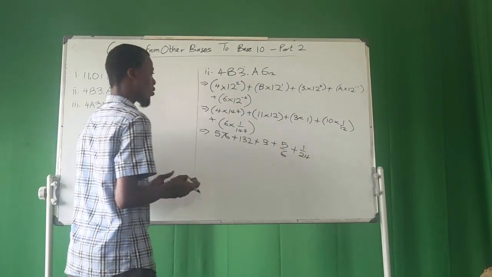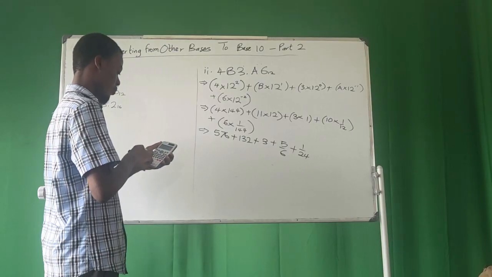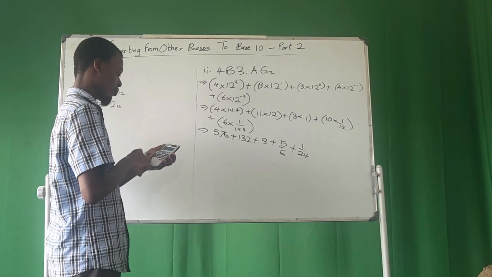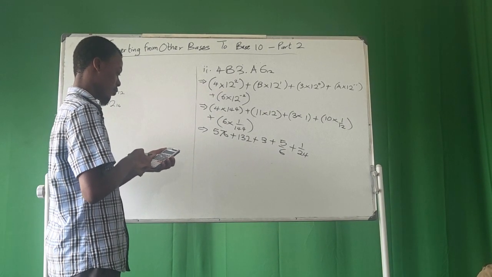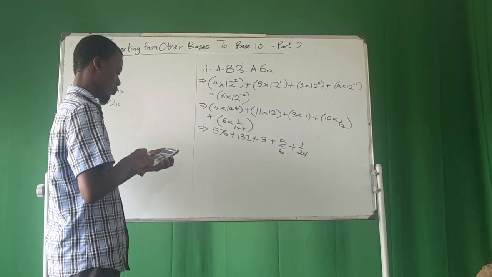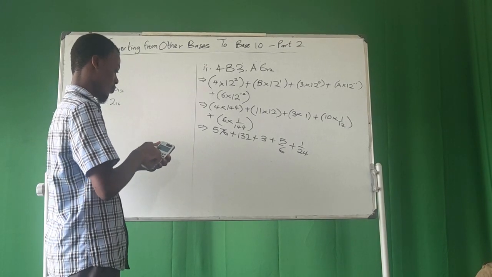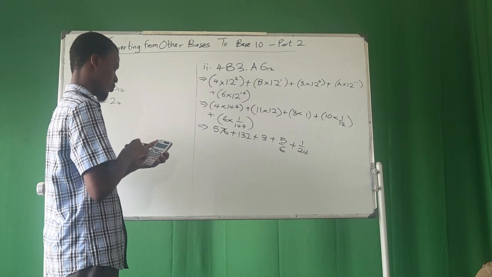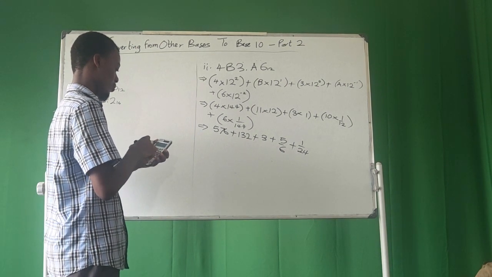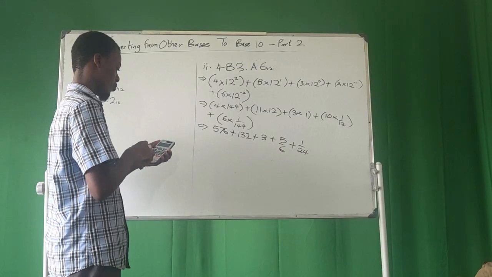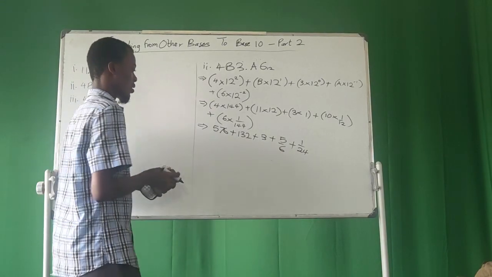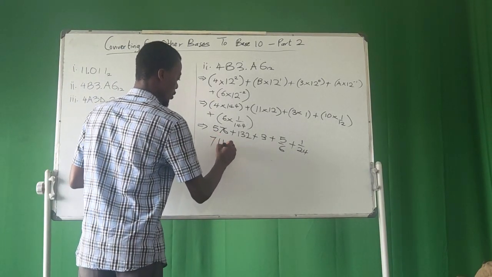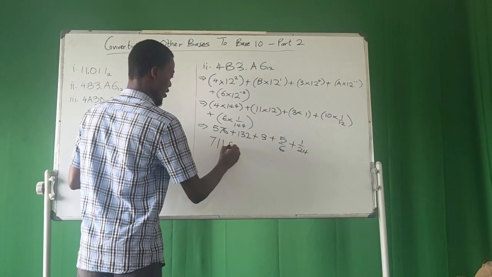So now when you add all of them together, you're going to get 711.875.